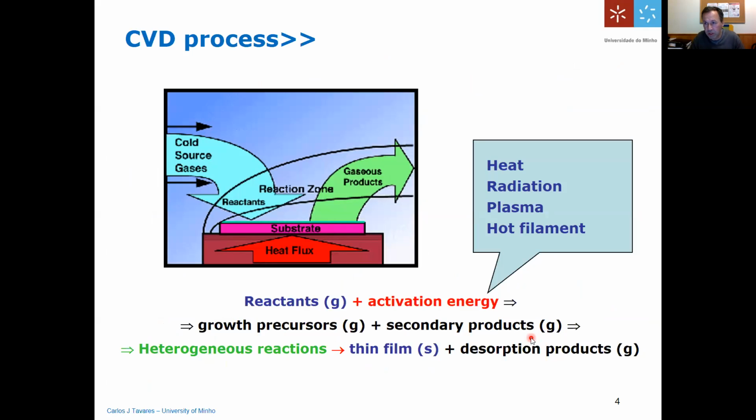And like I said, you need some source for the activation of the precursor to break down the molecule, so you can break down into its constituents that will react on the surface of the substrate and on the growing part of each monolayer that you are depositing on top of each other. And this activation can come from heat, from radiation, from plasma, or from a hot filament. For example, you can have a hot filament, which you pass a very high current.